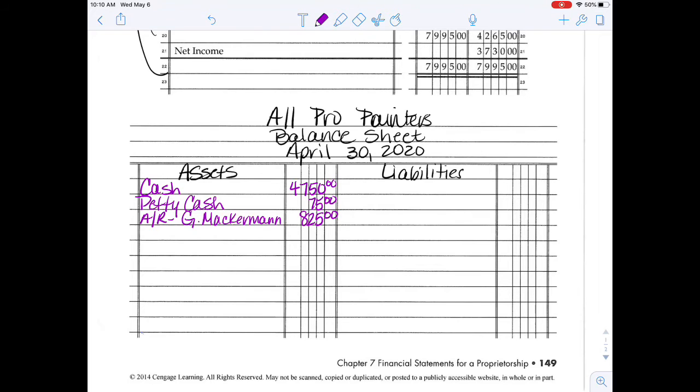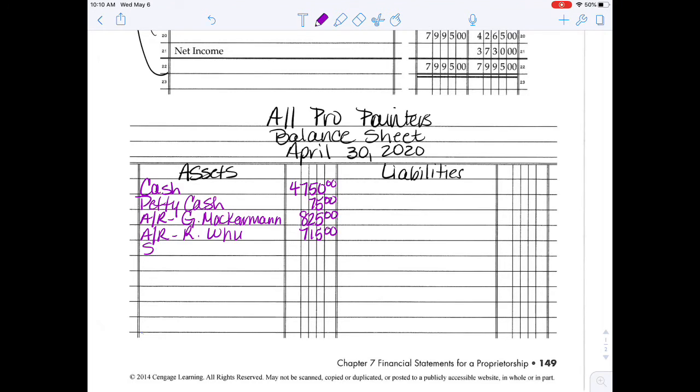We have our Woo, who owes us $750. Oops. Not who, Woo, sorry. Macker and Woo. They owe us $715.